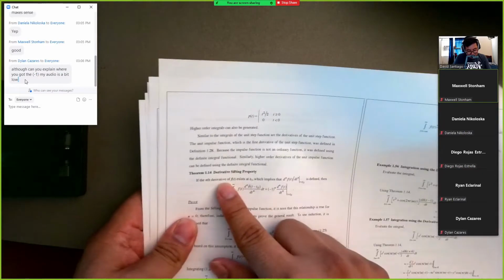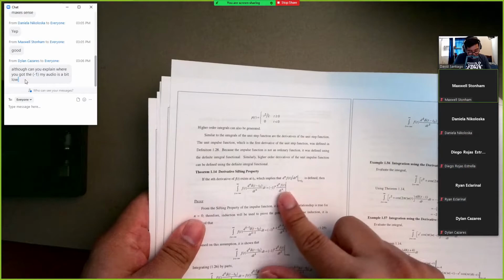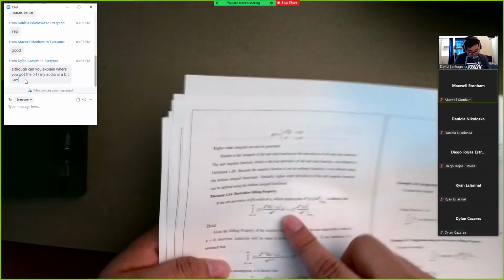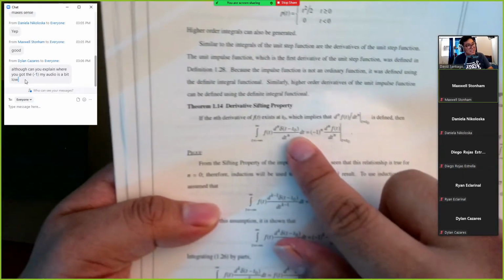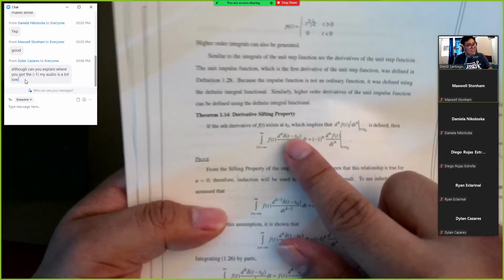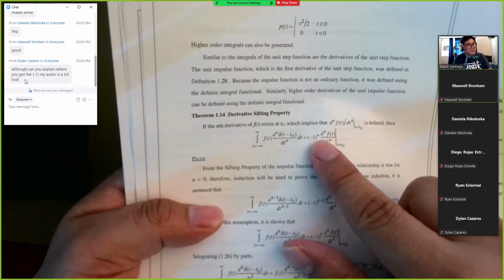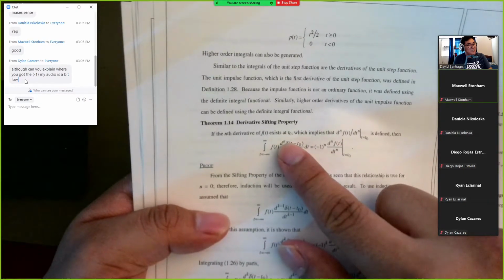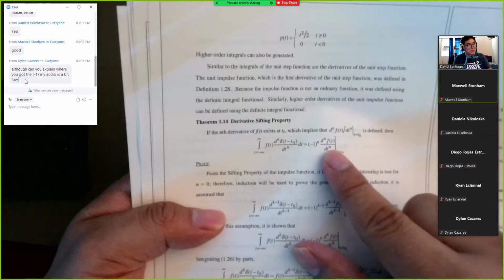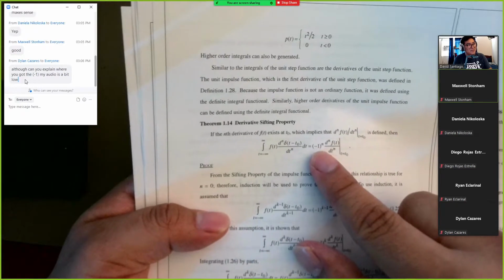So if the nth derivative of f of t exists, and he gives you this, so actually, let me just zoom in. You see that right there, that d of n with respect to Dirac of that? That's where he gets that -1. But depending on the power, the derivative, so the first derivative, you get -1 to the first, which is just -1.